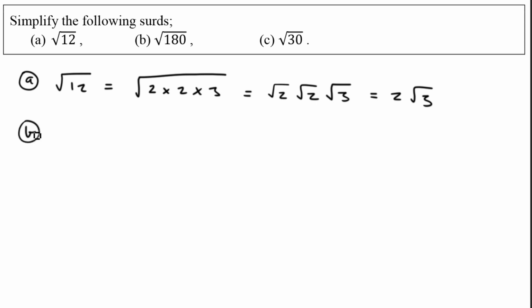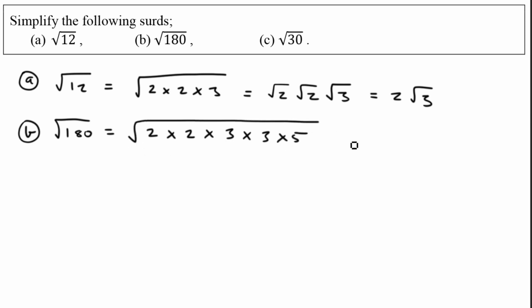In part B, we are asked to simplify root 180. Now 180 is 2 times 90, and 90 is 2 times 45, and 45 is 3 times 15, and 15 is 3 times 5. So here is a prime factorisation of 180.